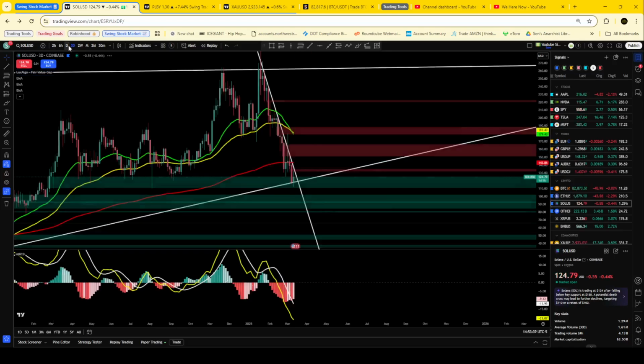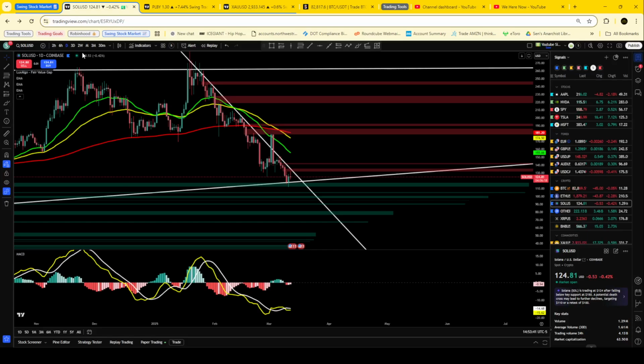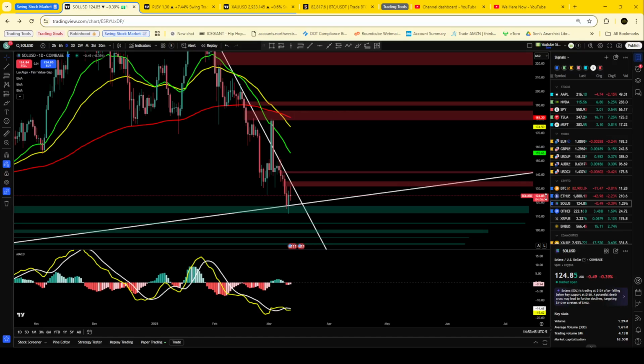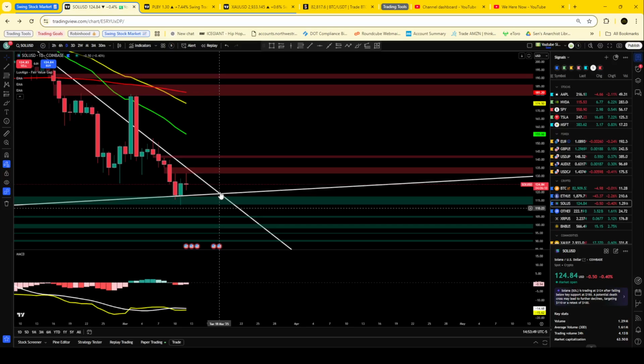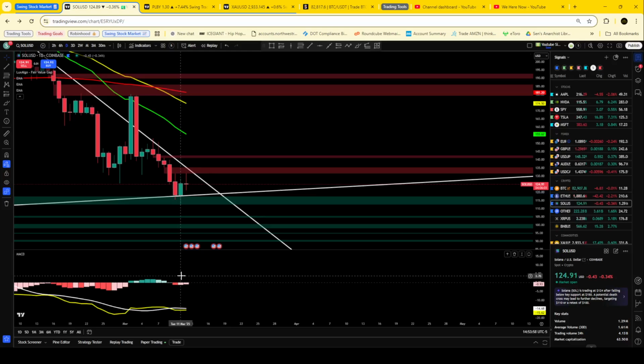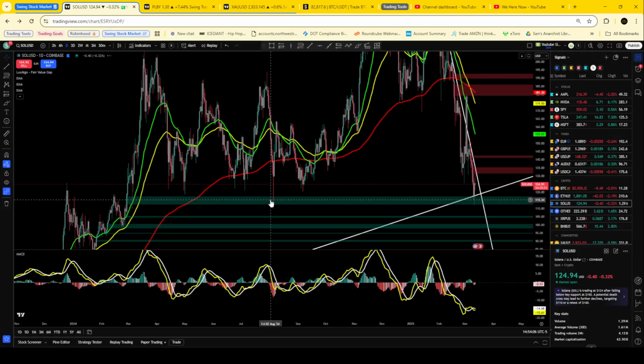That looks okay right there. Let's go down to the daily reversal. Look at the MACD. Remember what I told you: when it's the opposite color and it's a pinkish pastel color, there's a good chance a reversal is coming, based on the trend lines and the fair value gaps.